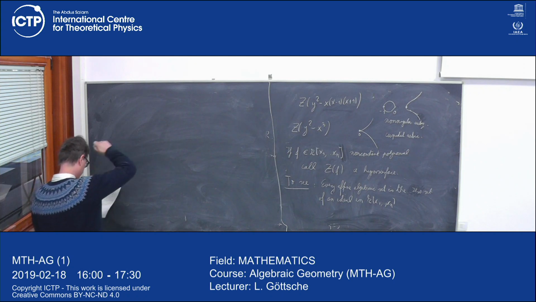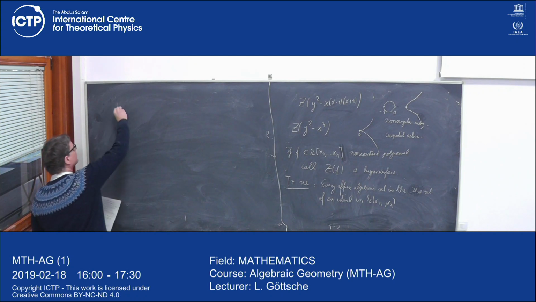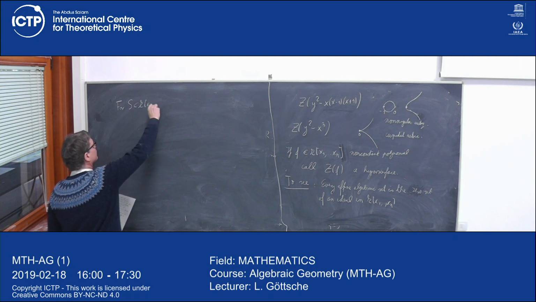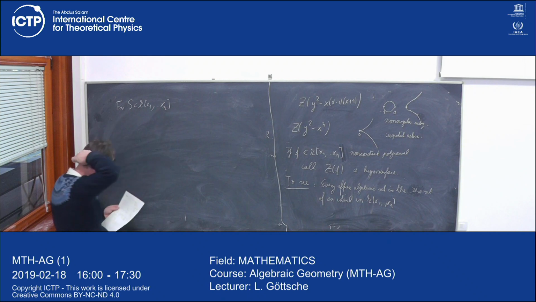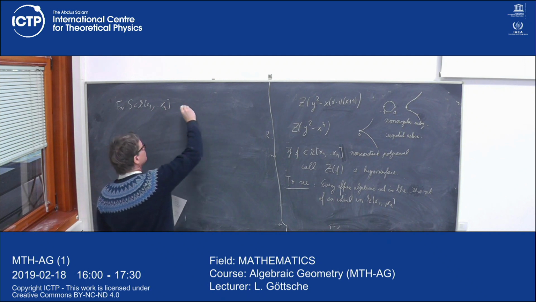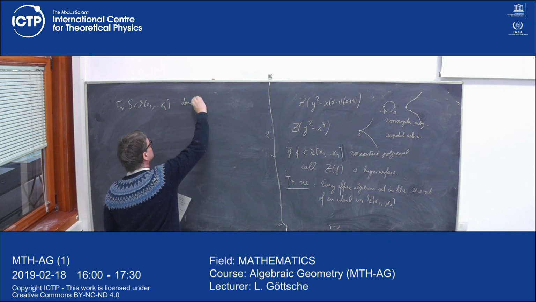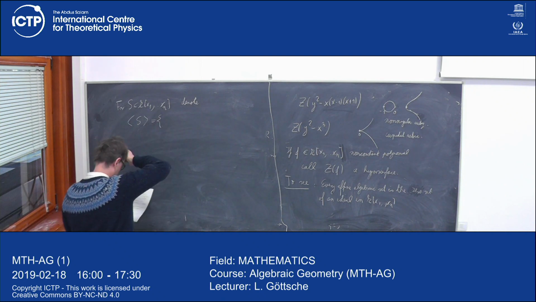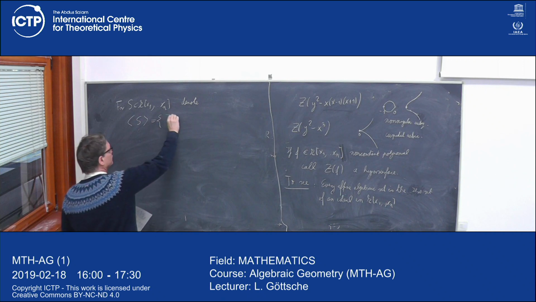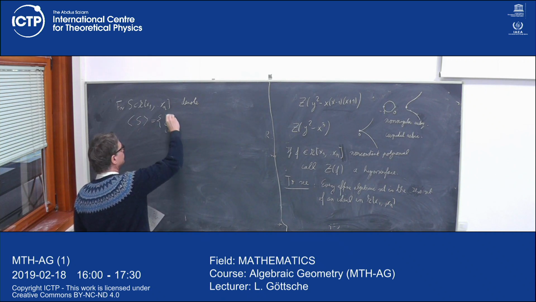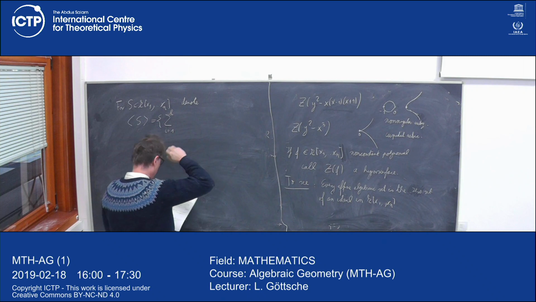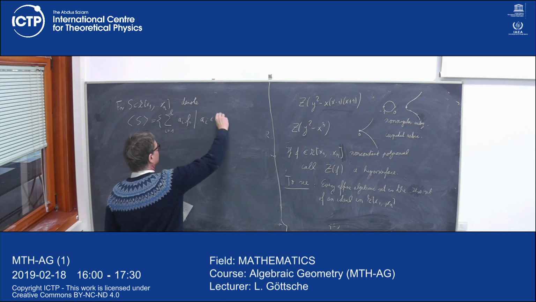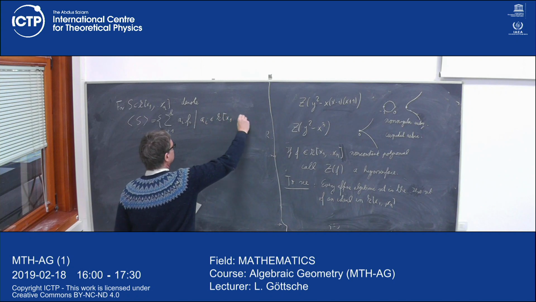Okay, so for S in k[x1, ..., xn], we denote by (S) the ideal generated by S, that is, as usual, the set of all linear combinations sum over i from 1 to l of a_i f_i, where the a_i are any polynomials.